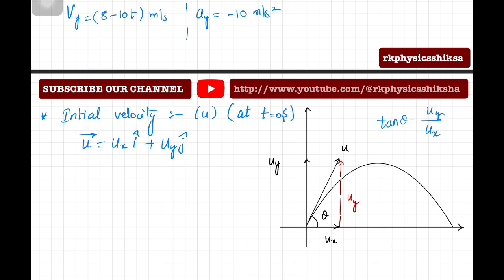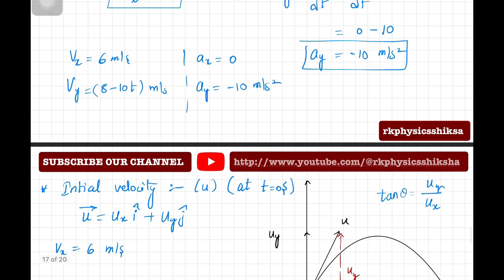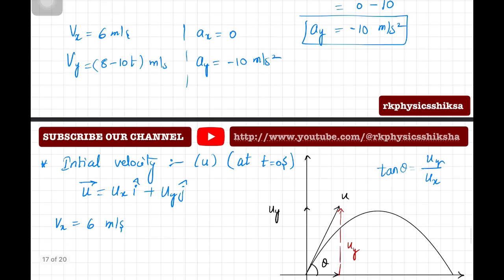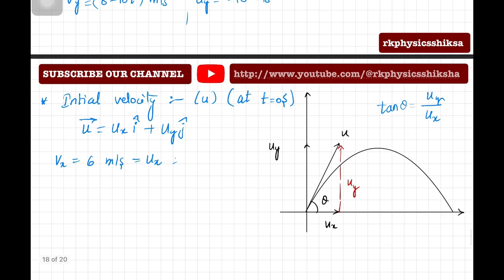In that case, vx is a constant 6 meter per second, because the horizontal component of velocity always remains constant throughout the motion. Initially it is 6 meter per second, finally also 6 meter per second, which we take as ux. Now what about uy? uy is equal to vy at t equal to 0 seconds.